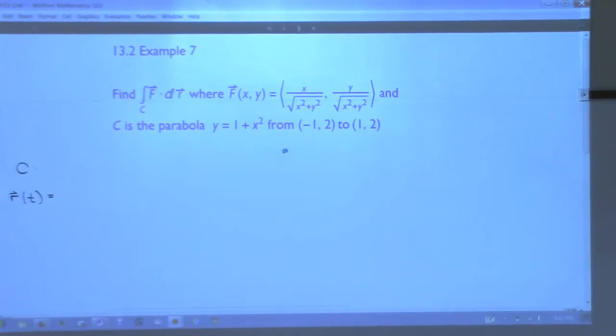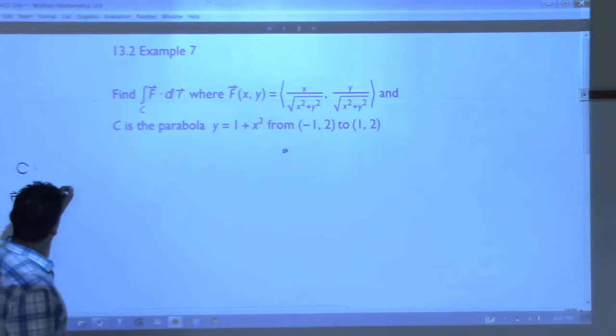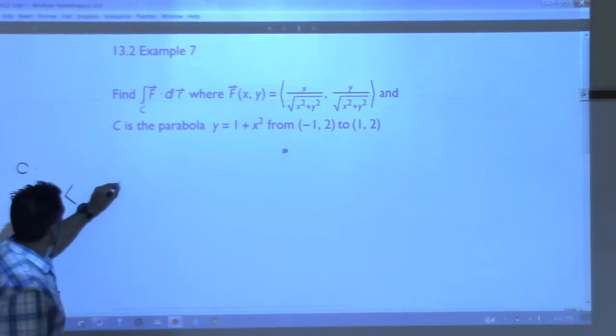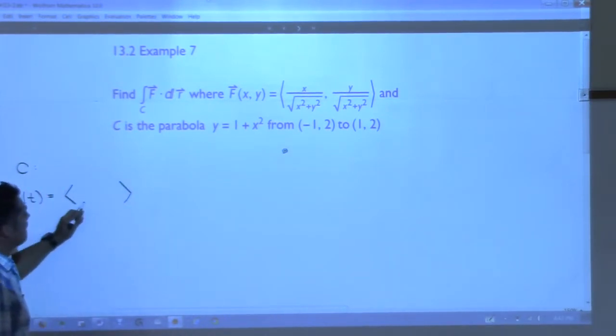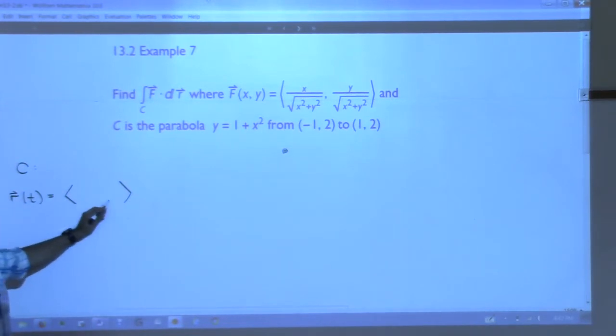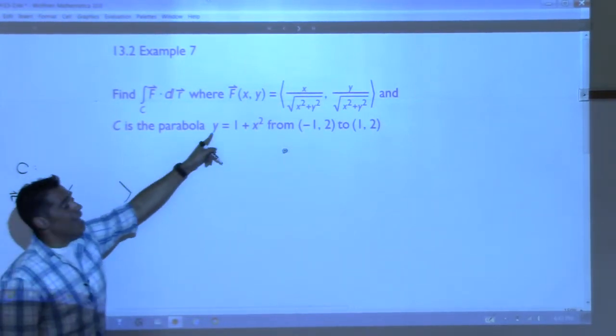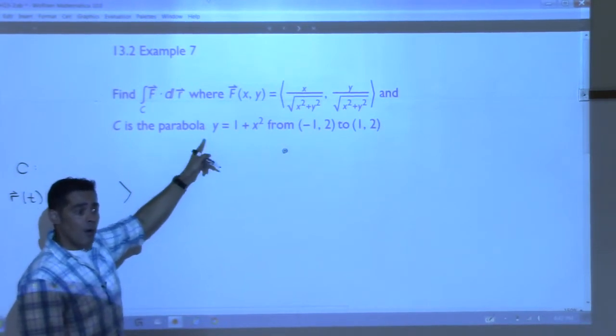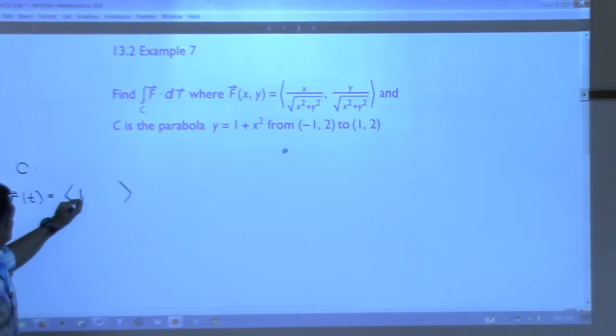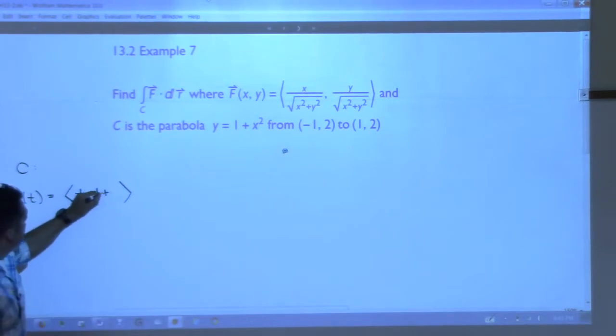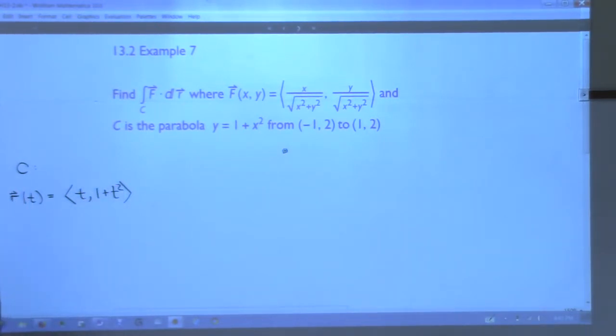In this case you would replace y as t, and then have the other end up equaling 1 plus t squared. So which is which? Other way. If it's solved for x, then y is t. If it's solved for y, the other way. Okay? Yes, my bad. So t here, and then 1 plus t squared there. All right? That's your r(t).